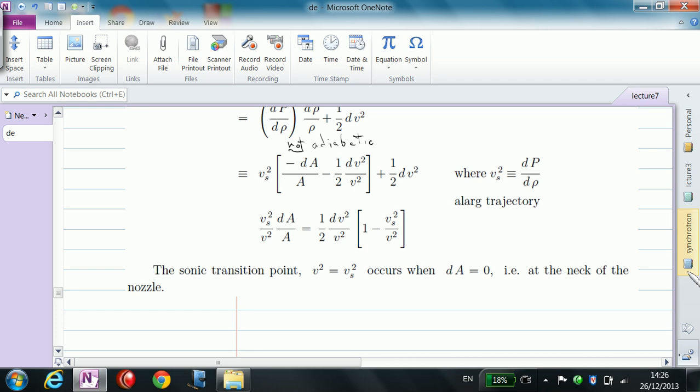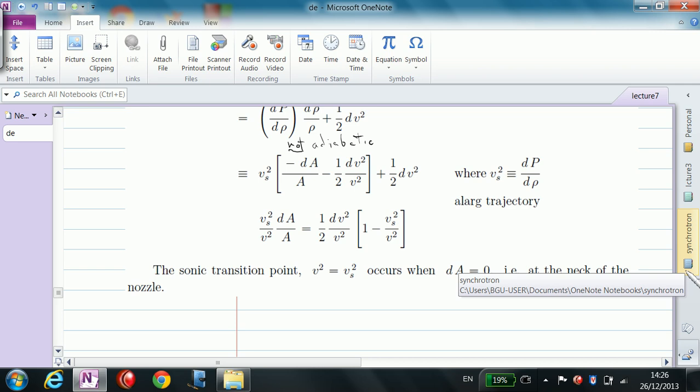Now, that's very strange, because suppose you have a hot gas and it expands. You figure eventually, if it expands enough, it's going to achieve its sound speed, because it'll cool off.